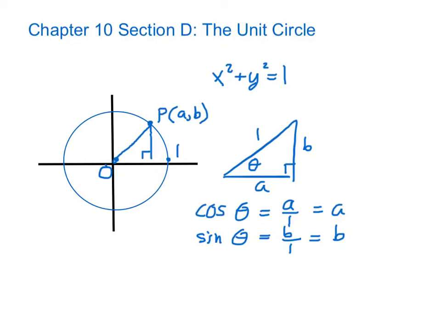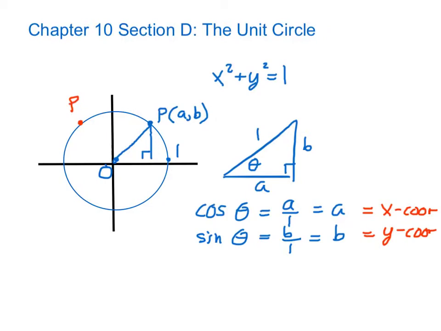But what we're really saying is that cosine theta is equal to the x-coordinate of point P, and sine is equal to the y-coordinate of point P. And this is not only true for points and angles in the first quadrant, but for any point along the unit circle.